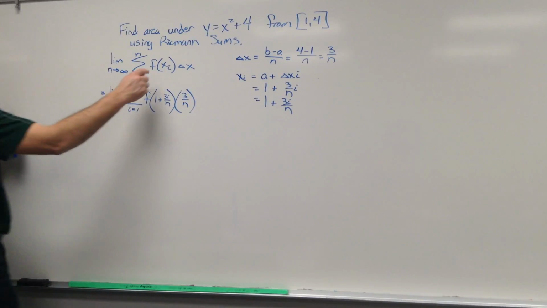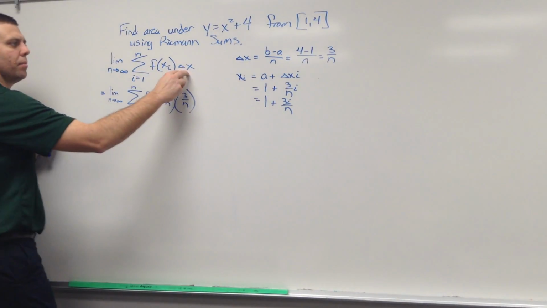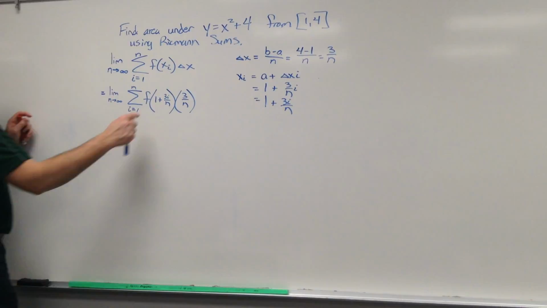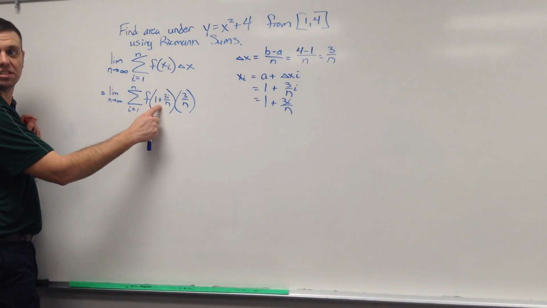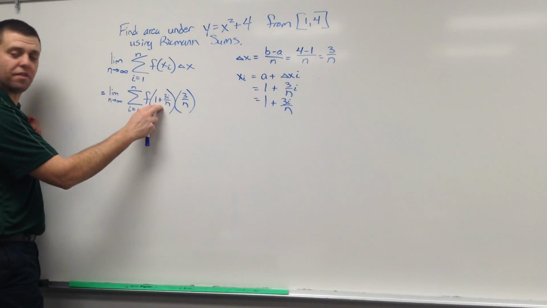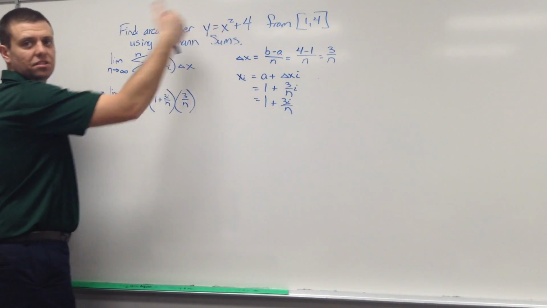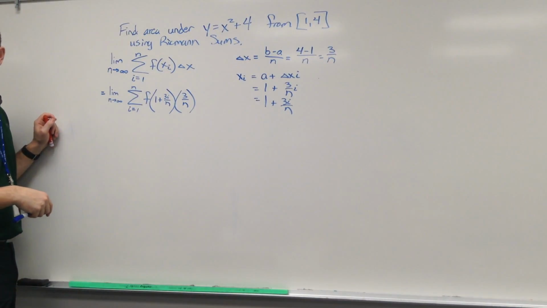All I did was replace x sub i with what it's equal to. I replaced delta x with what it is equal to. Now I'm actually going to take this and substitute it into the function. Because I'm saying f of this. Just like if I said, what's f of 5? You plug 5 in for x and see what you get for y, right? Okay?